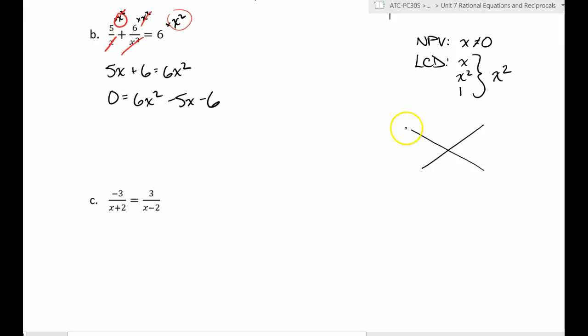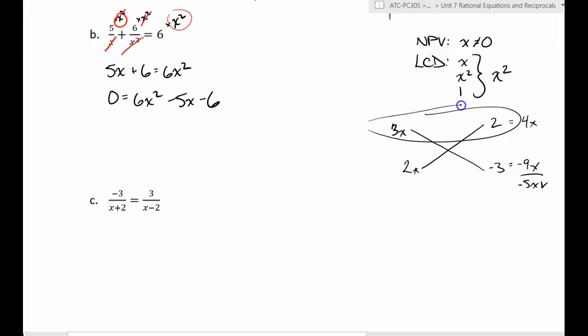Okay, so I'm going to use the crisscross method to try and factor this out. So I've got 3x and 2, and then I've got negative 3 and 2. Sorry, that gives me 4x and negative 9x, which gives me my middle term.